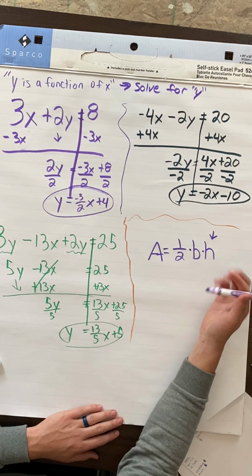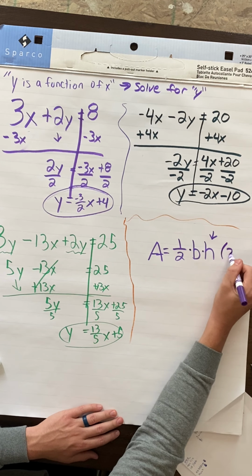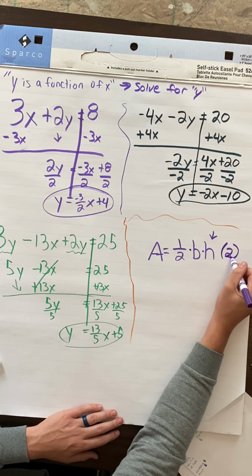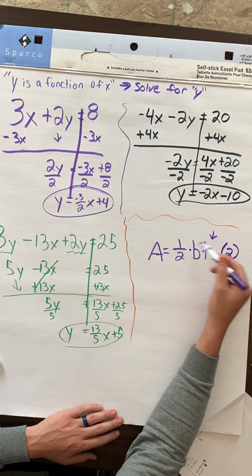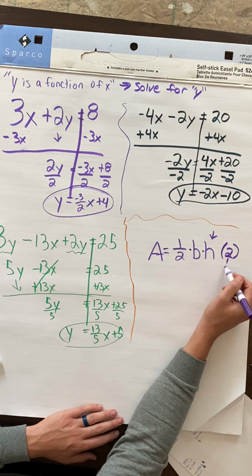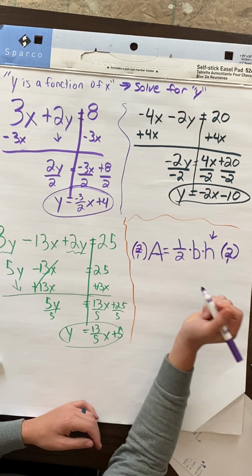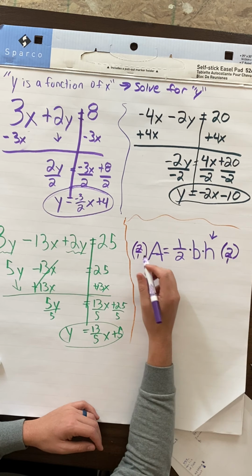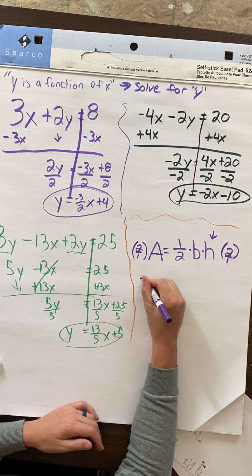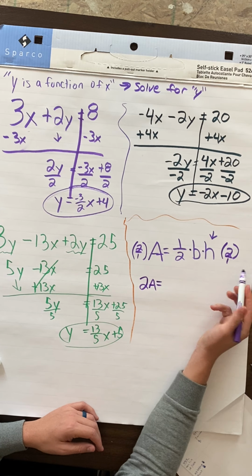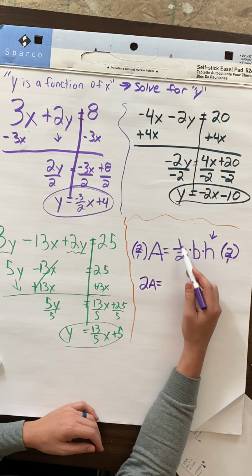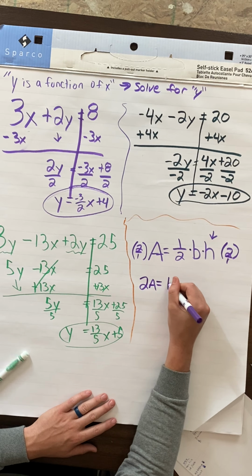I need to multiply it by 2. And I'm multiplying it by 2 over 1, right? Because I want to cancel that out. 2 over 1 is the same as saying 2. So I'm going to multiply both sides by 2 over 1. So now 2 over 1 times a would be 2a equals. This 2 over 1 times that is going to cancel it out.